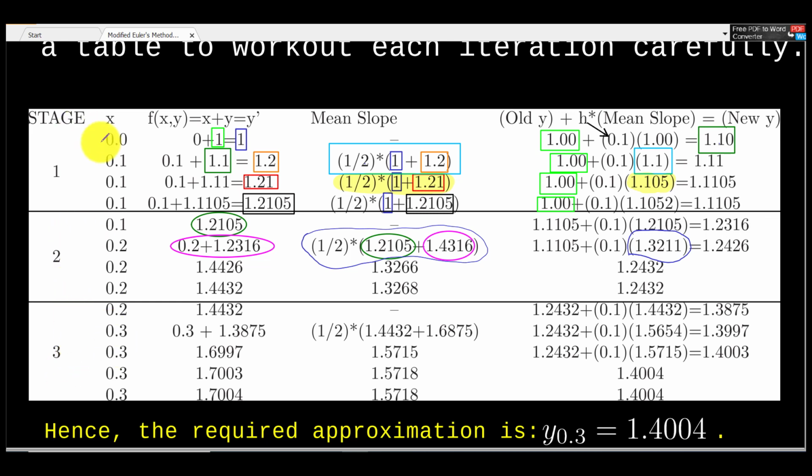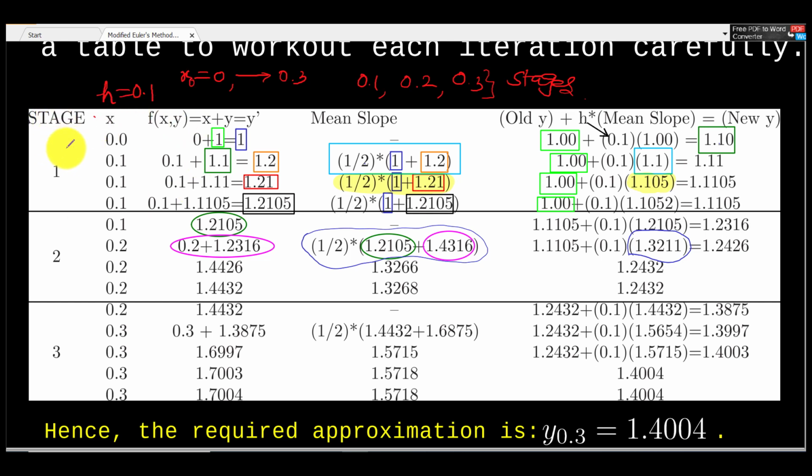Okay, so I am just writing here that h is equal to 0.1 and x naught is equal to 0. We want to reach 0.3, and hence 0.1 will be the first stage, 0.2 will be the second stage, and 0.3 will be the third stage. Okay, so these are the stages, and hence I am calling this method for this particular problem a 3-stage problem.